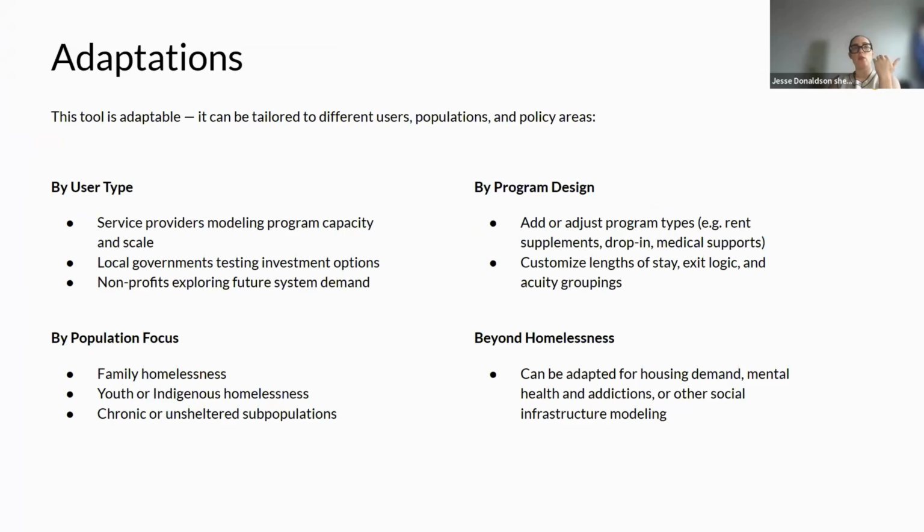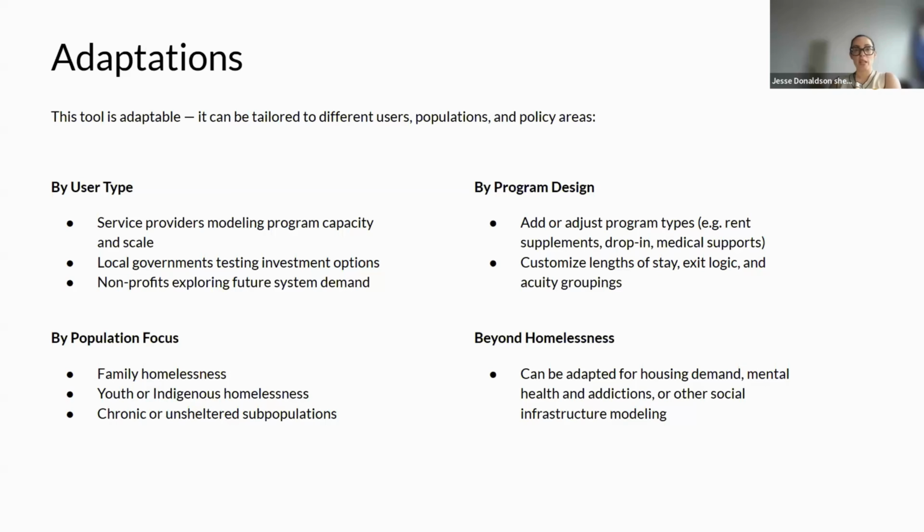Adaptations, almost done here. So because it's so flexible, there's a lot you can do. Can't do aliens descending to the earth, but you can make a lot of changes. So you can use it as a service provider to model your own program capacity, local governments to test options, nonprofits, if you're trying to build a case for support for future demand for homelessness housing.